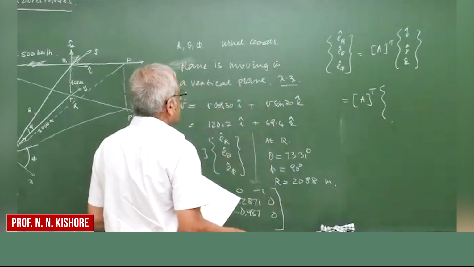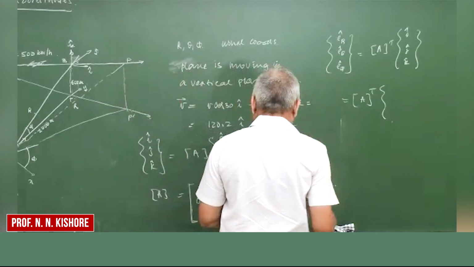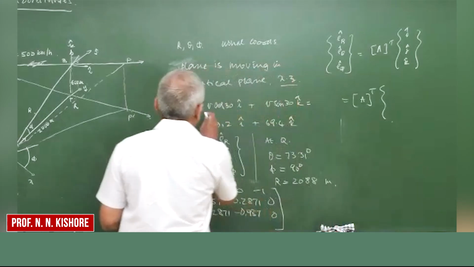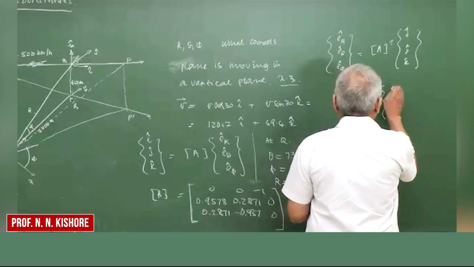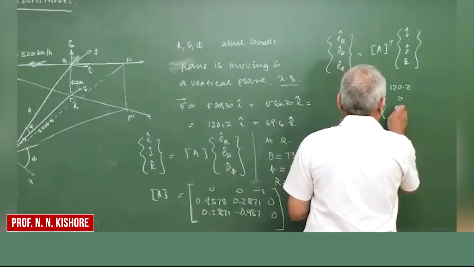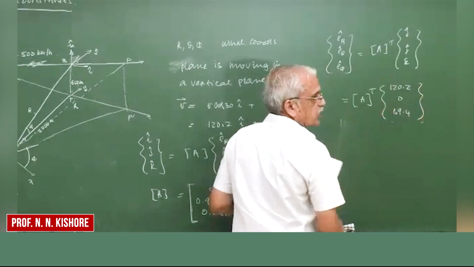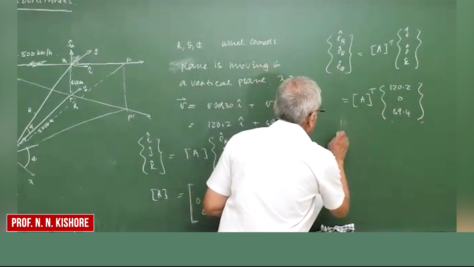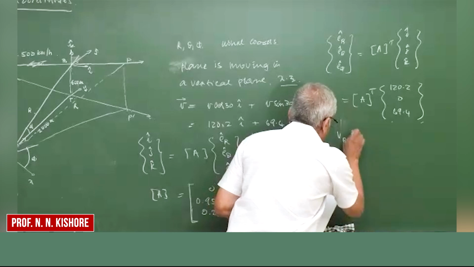This is for the velocity here. If you call it v cos 30, that's 120.20 and 69. In which case what we get here is v_r, v_theta and v_phi.